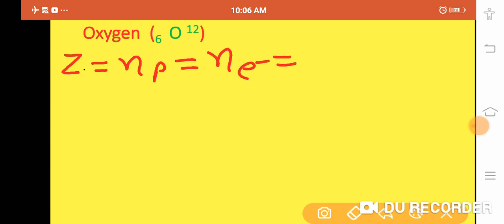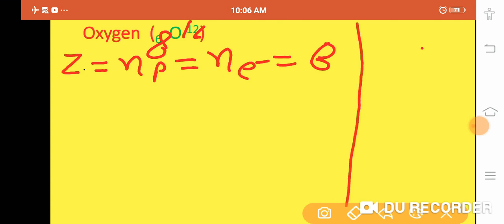It is 6. Sorry, this is wrong. Atomic number of oxygen is 8 and atomic mass is 16. Actually I have copied from there, so once again I am going to tell it. Oxygen: atomic number 8 and atomic mass 16.